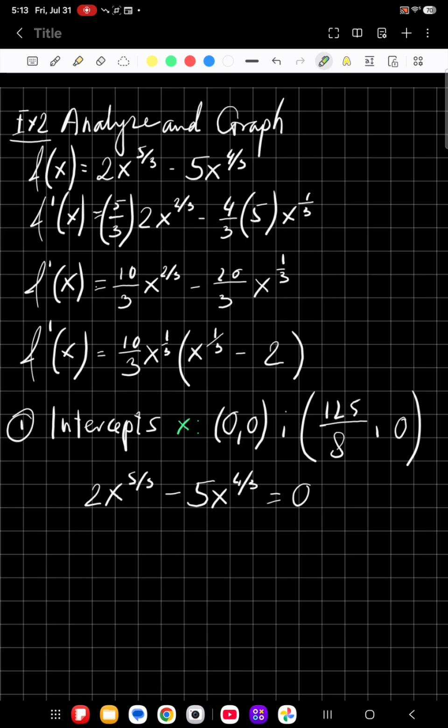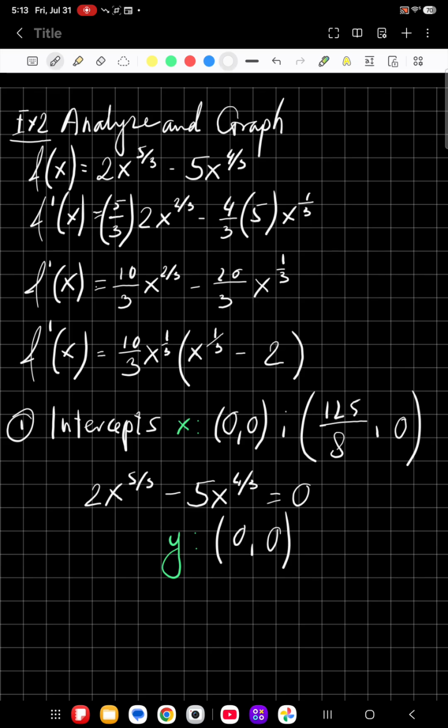Anyway, so this was the x-intercept. Now the y-intercept will be just that 0, 0. So 0, 0 is the y-intercept. To find it, just plug in 0, and you get 0. Okay.